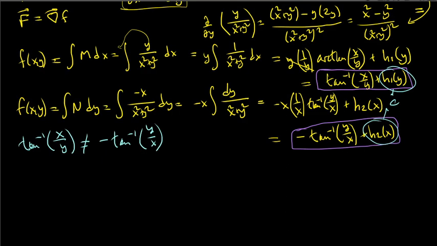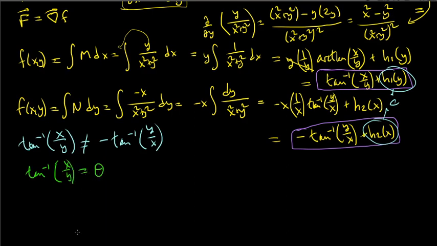If you're not convinced, work it out. I'm hoping you don't have to do this, but let's do it anyway. So x over y, let's just give that a name. I'm running out of letters here. How about t? Actually, we don't need the t. Let's just use x over y. So what is this?